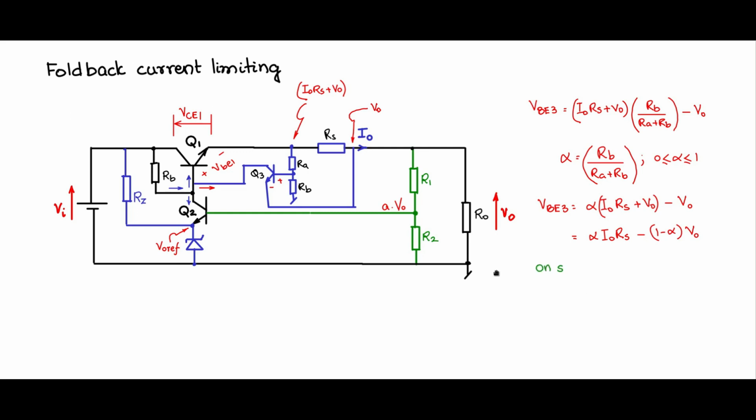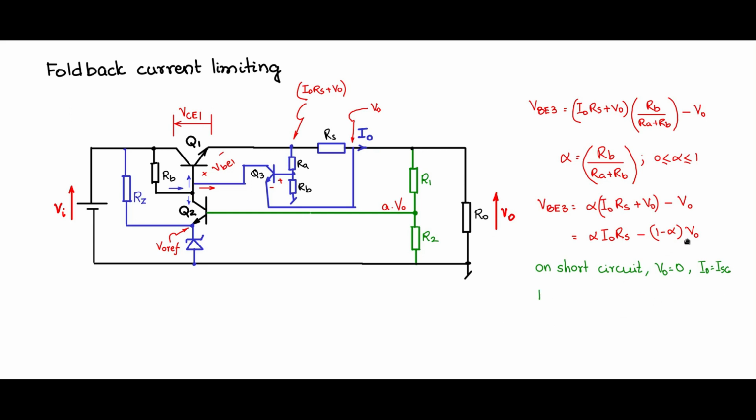So now on short circuiting, let us say I short circuit this. So V naught becomes 0, and I naught we will call as ISC, short circuit current. Here again, assume that the current flowing through R1, R2 is negligible and therefore this value is I naught itself, whatever is flowing through the load.